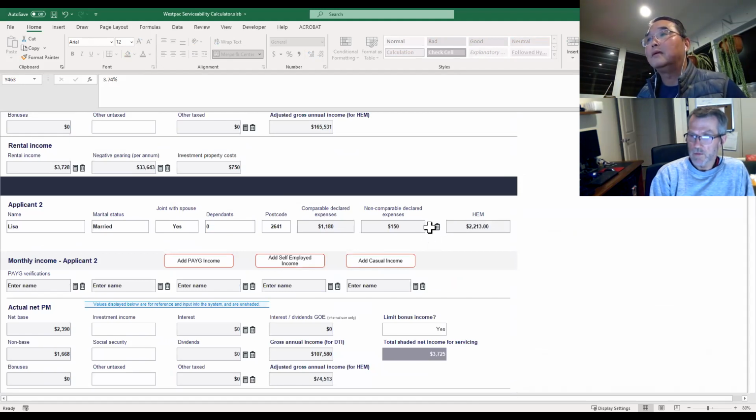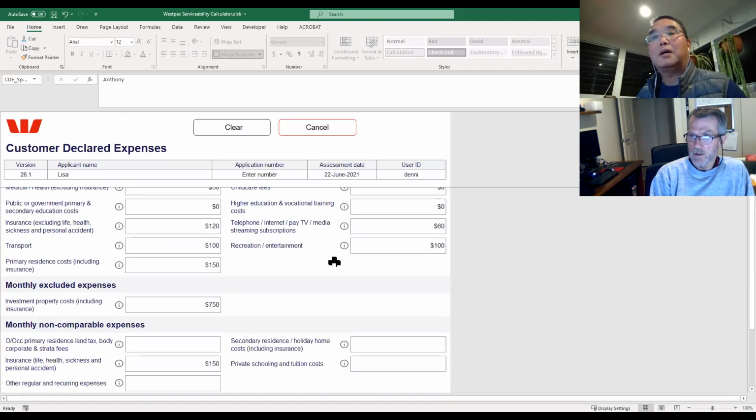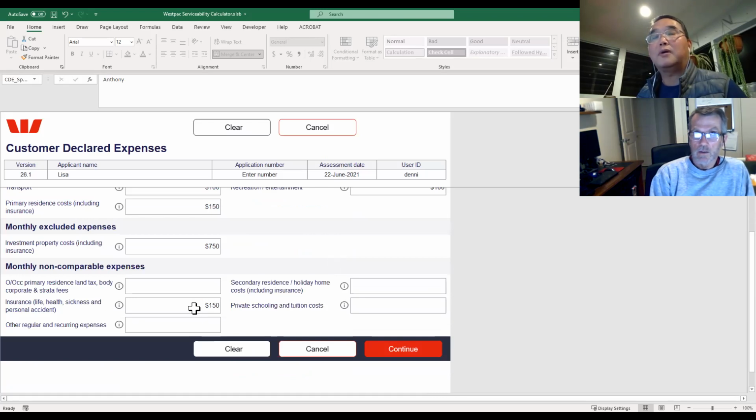For example, I put $300 now, so $150 each between you and Lisa. So how much will it be? Do you remember? One of them is 209 and the other's 60 something, but I can't remember if that's fortnightly or monthly.